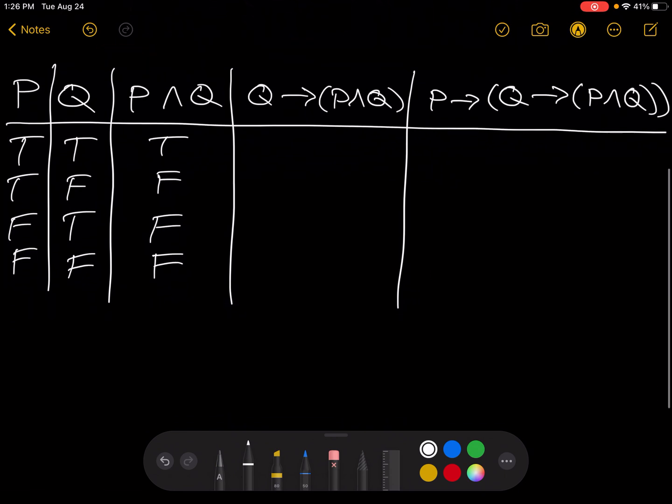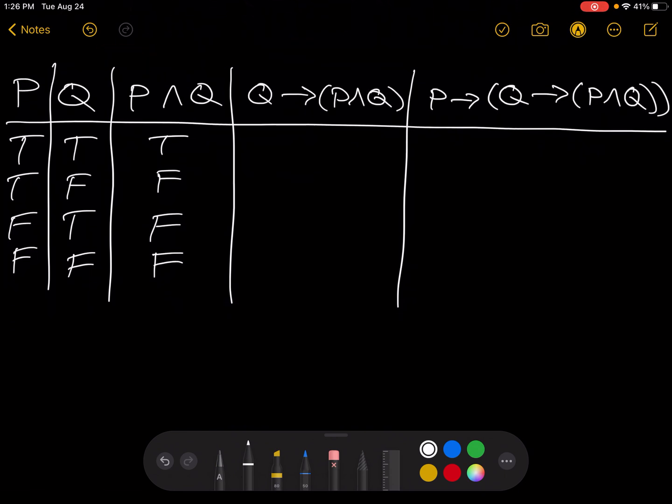Now moving on to this next column, remember that an implication or a conditional is only false when we have the situation true implies false, and true in all other situations. So looking at Q and then P and Q, first let's consider the two places in Q that are both true.